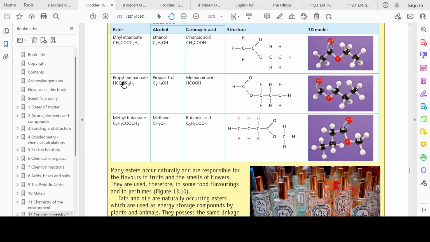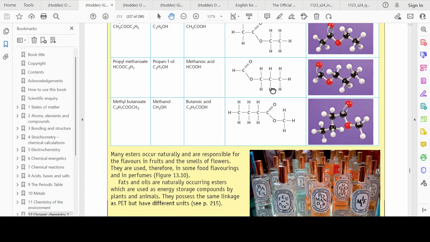In the displayed formula as well, the acid part comes first, so that's the methanoic acid part, and this is the propanol part. And this is what an ester molecule looks like.